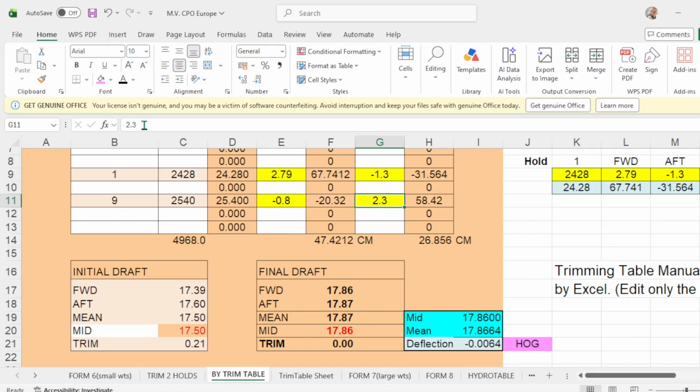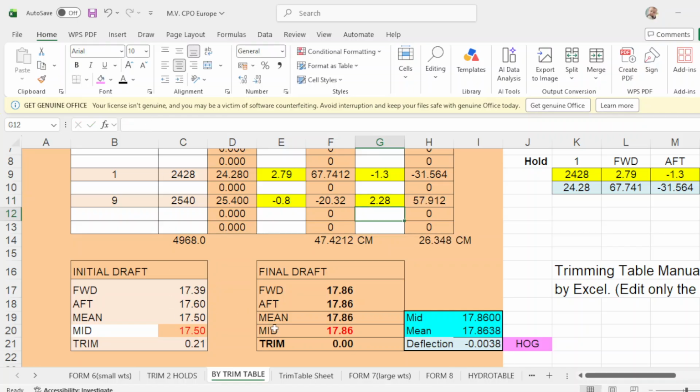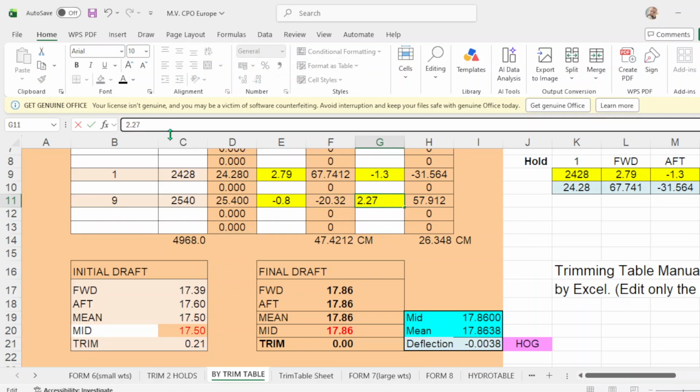There's 2.9. Make it 2.9 or 2.8. There you go. So even keel of 780 trim. Your deflection is 3.8. Take note of this deflection, guys. We make it 2.7.